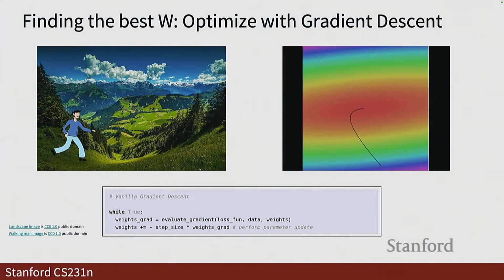Every point on that valley is a different set of weight parameters, and we wanted to find the set of parameters W that minimizes the loss. We talked about the fact that the key is being able to take the gradient of the loss function L with respect to W and use the gradient for optimization in a step-by-step manner, which gave us the gradient descent algorithm.